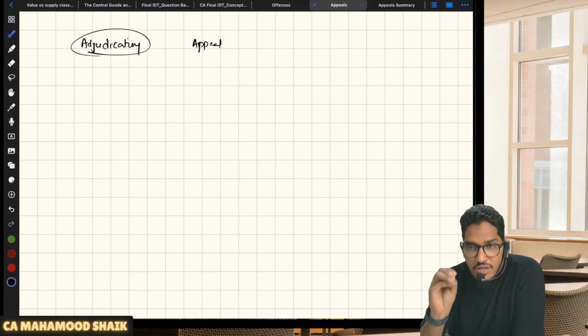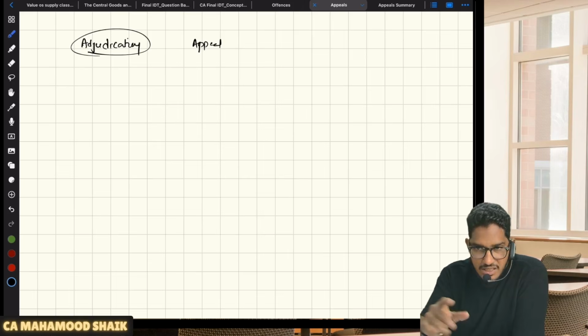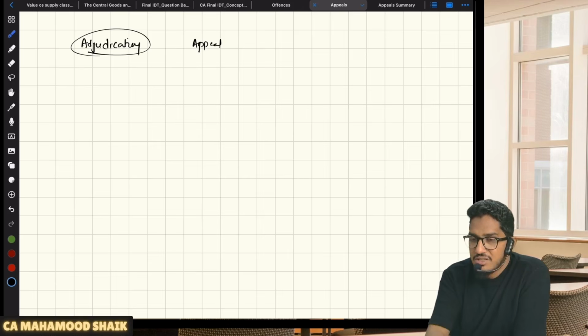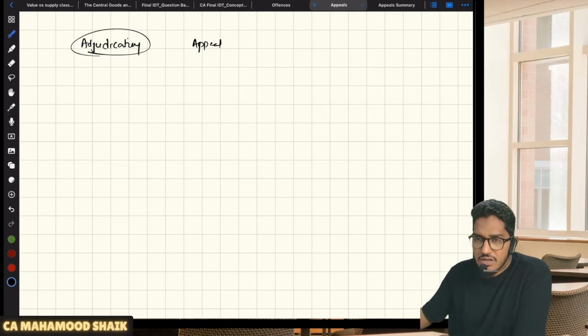This process we call it what? Adjudication. The moment the concerned proper officer issues the show cause notice, and in between the opportunity of being heard, sharing the information, going for the hearing, after all this, ultimately the order will come.